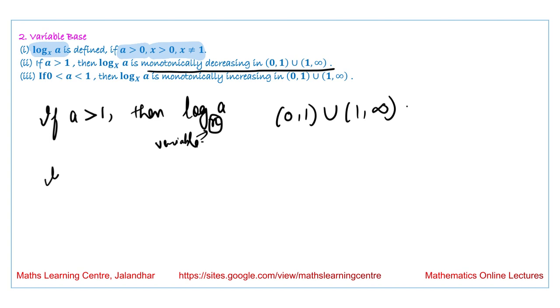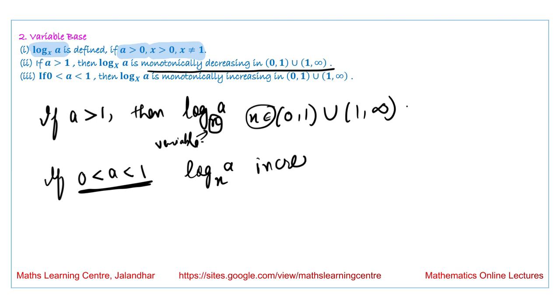And if 0 is less than a is less than 1, then the function log a to the base x is monotonically increasing in the interval 0 to 1 union 1 to infinity.